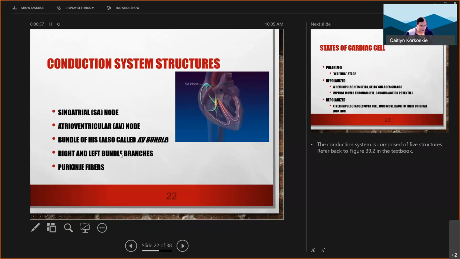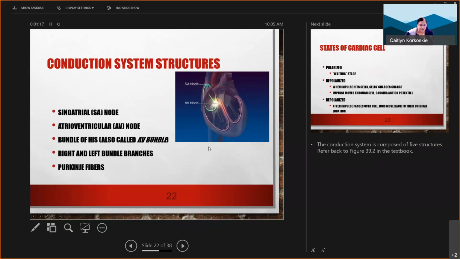So it goes through the SA node, the AV node, and then into what they call the bundle of His, which connects the upper chambers to the lower chambers, so that way it can contract.